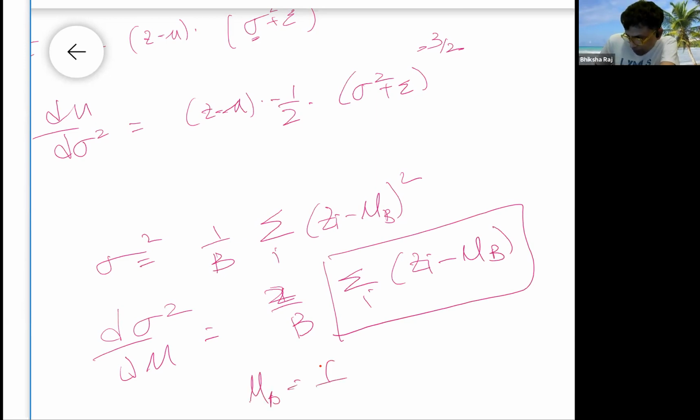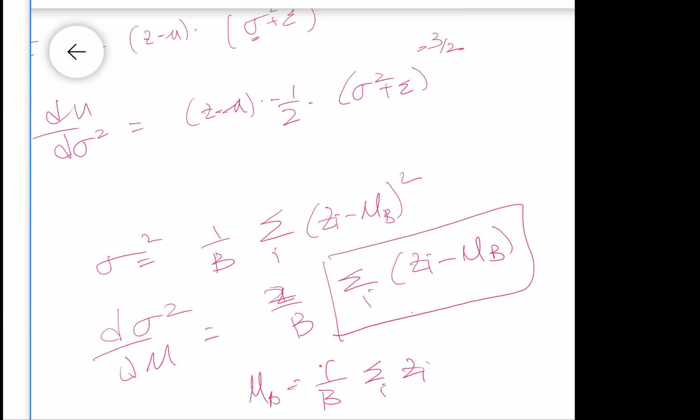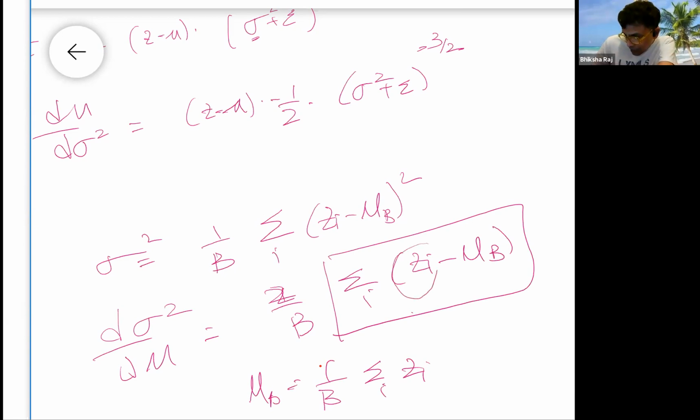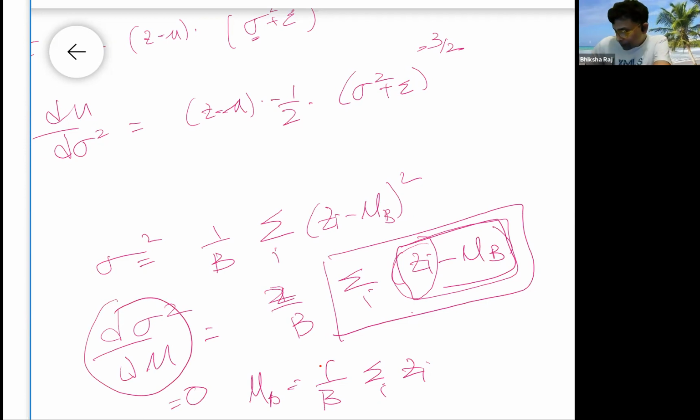Remember, mu B is 1 over B summation over i of Zi. So what is this term? That's 0, right? Because you're basically saying when I center, what is the average of the center? This is the center-shifted version of Zi, and I'm asking you the average of the center-shifted version of Zi. So the derivative of sigma squared with respect to mu is going to be 0.